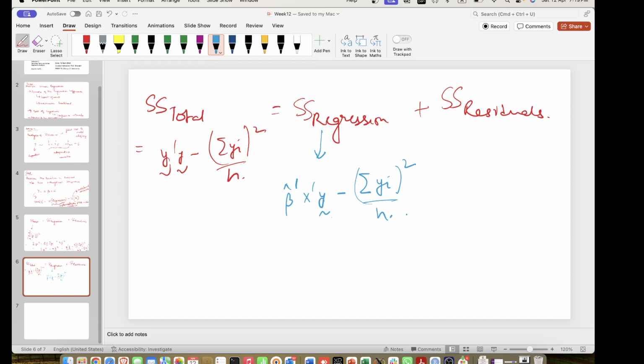Okay, and sum of squares due to residuals is, and whereas beta hat is given by what? Beta hat is equal to the OLS, that is (X transpose X) inverse X transpose y.